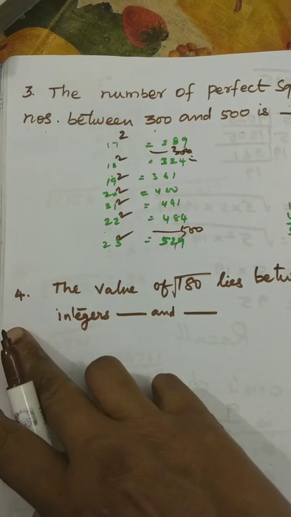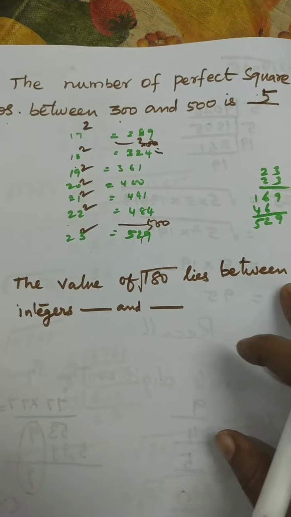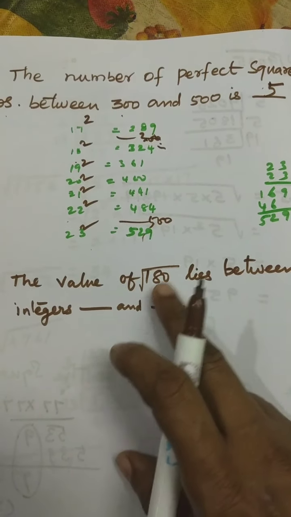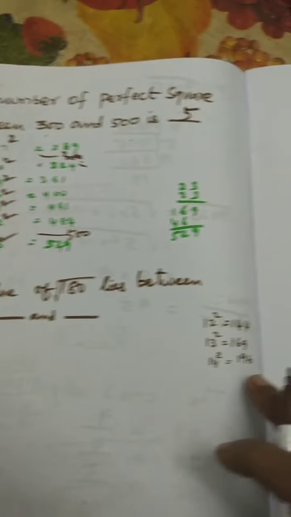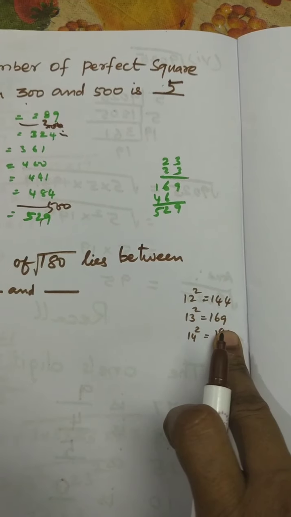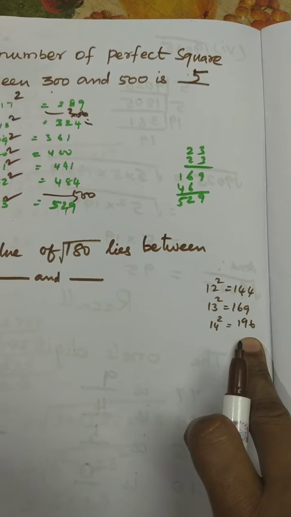Okay, now we shall see the fourth sum. The value of root 180 lies between the integers dash and dash. 12 square is 144, 13 square is 169, then 14 square is 196.